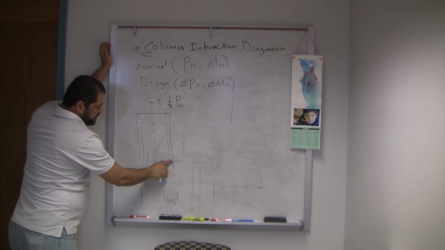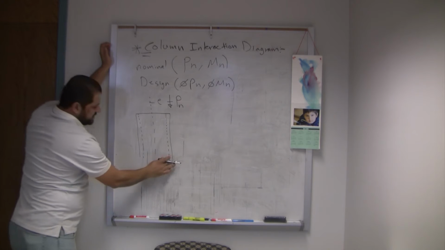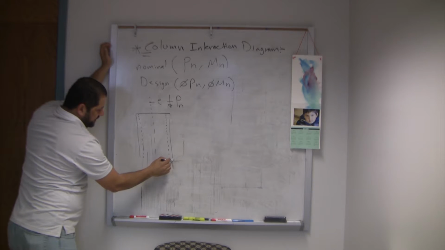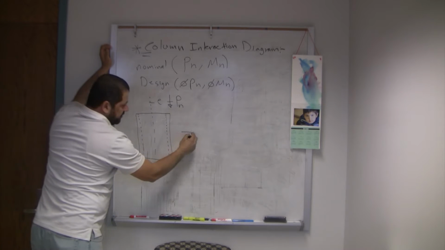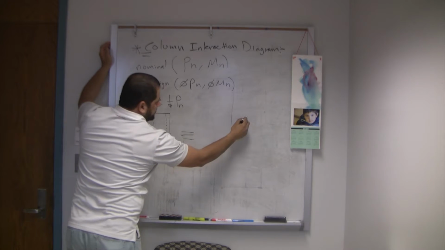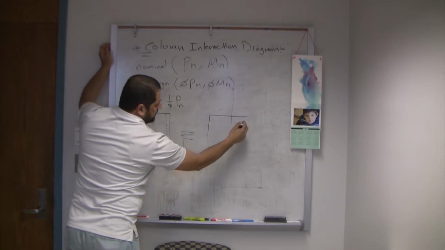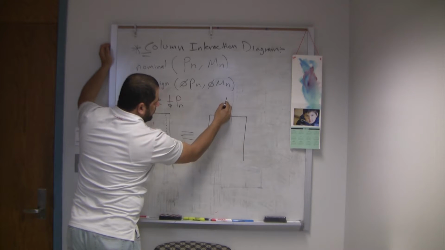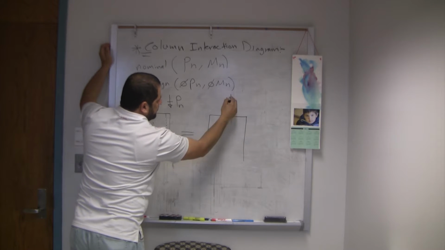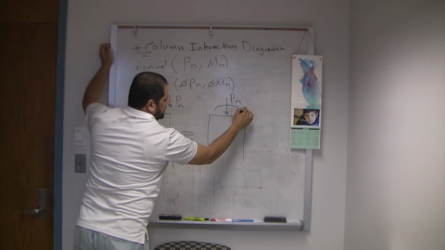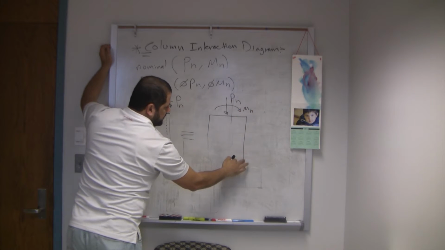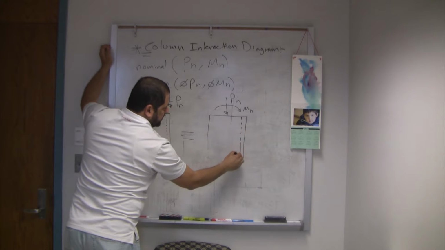So what's the condition in here? What's resisting this one? If I take a cut in here, this is equivalent to the following. If I move the load here, or replace this with this equivalent system, Pn and Mn, and this is the reinforcement.